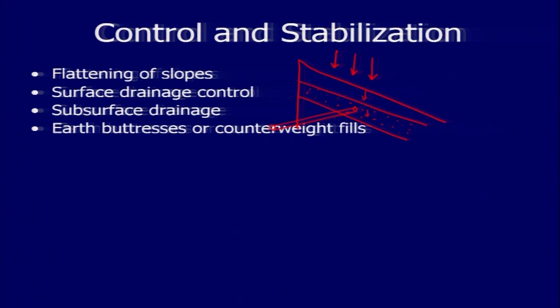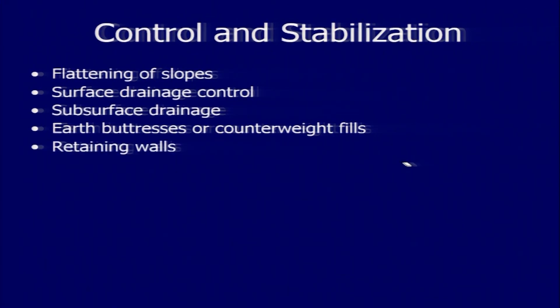Then you have the earthen buttress, or you can put the counterweight fill. This we will discuss quickly. Then we have the retaining wall, one example of which we have already discussed. We can have lightweight fills to protect against or stop the slip.